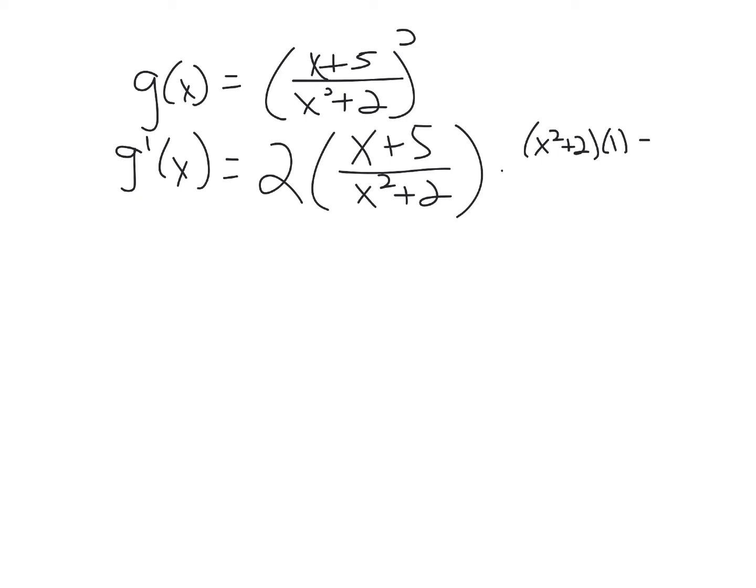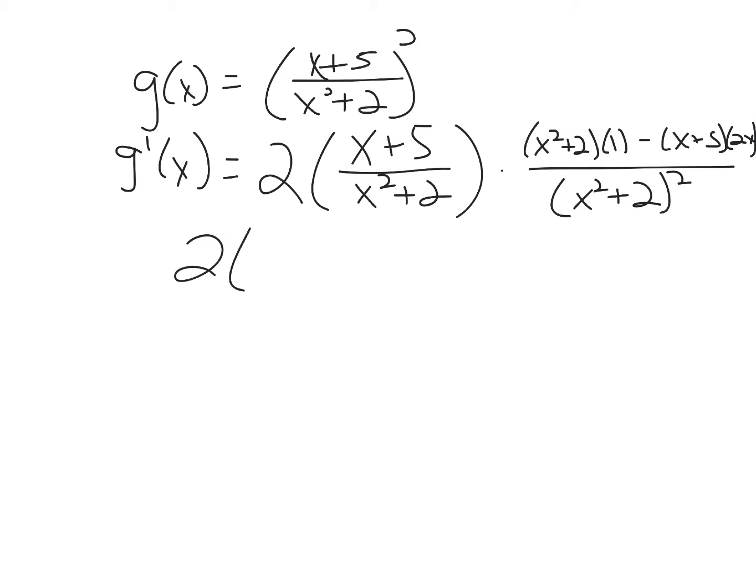Okay, that's not too bad. And then we have what's on the numerator, which is x plus 5, times the derivative of the denominator, which is 2x, all over x squared plus 2 squared. Let's do some simplifying to make our lives a little easier. So I'm going to keep this part the same.